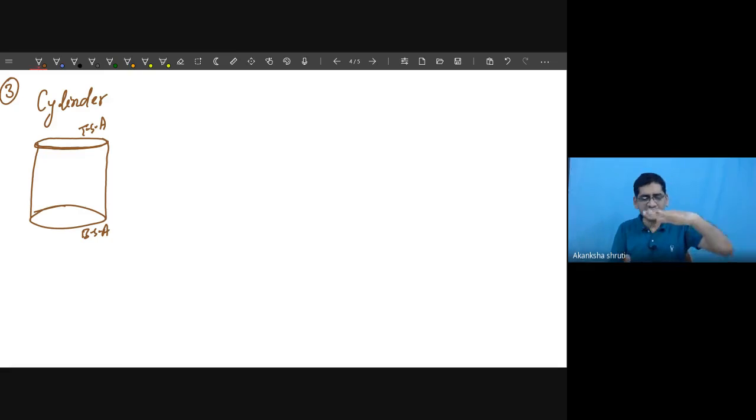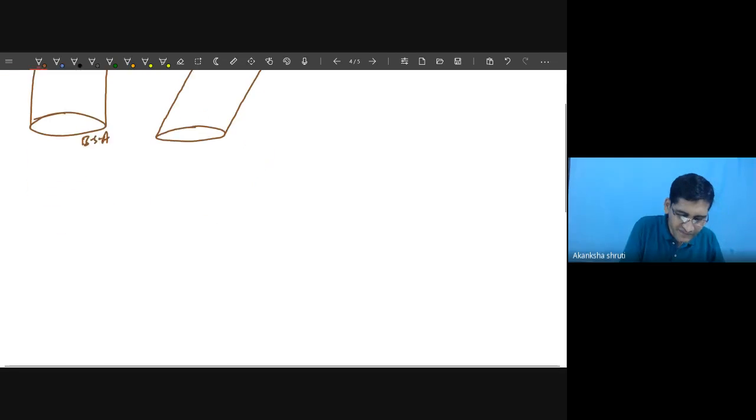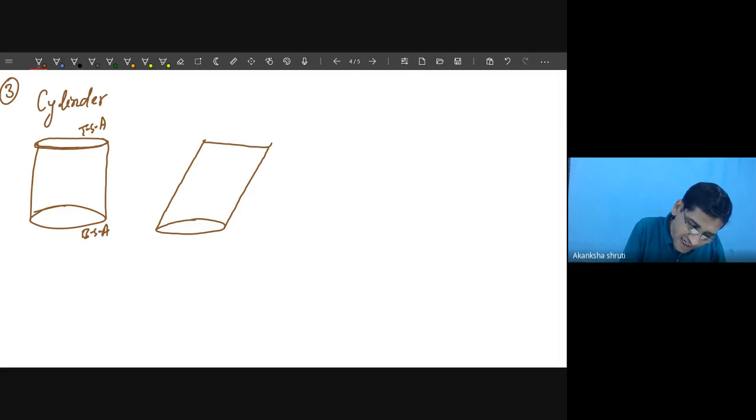So one is just at the top or just opposite to each other, means one is just superimposing the other. It is one way. Another way is that this is the base of the cylinder you have taken. Rather than drawing it at the right angle, you may draw like this. A student, this is also a cylinder. So this is our base surface area. This is the top surface area or surface area of the top.